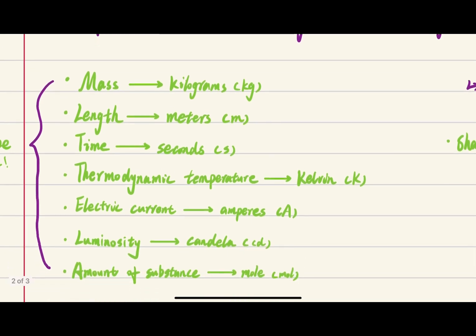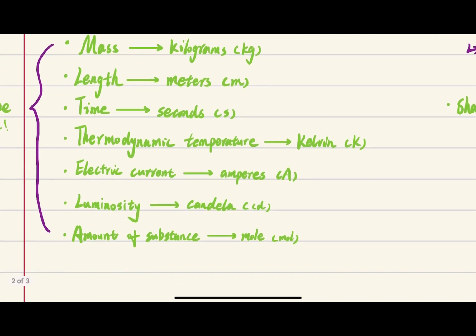The first one is mass, measured in kilograms; length, measured in meters; time, measured in seconds; thermodynamic temperature, measured in Kelvin; electric current, measured in amperes; luminosity, measured in candela; and the last one, the amount of substance, measured in moles.